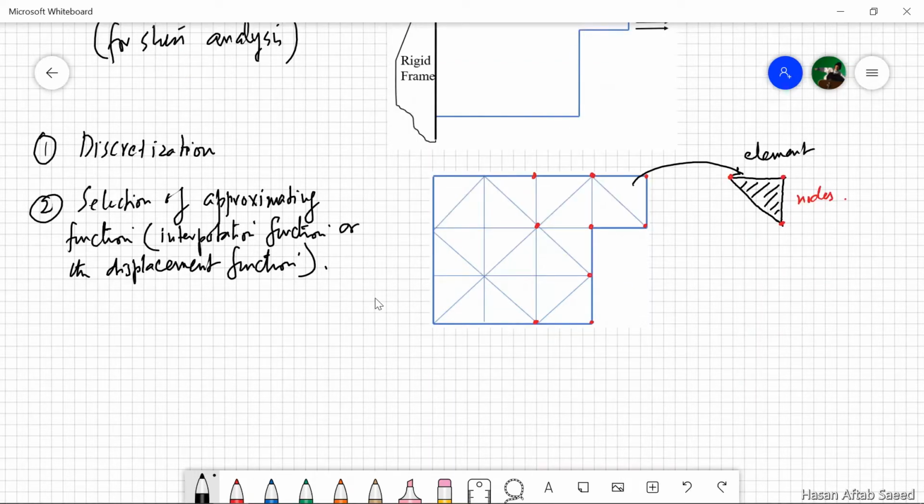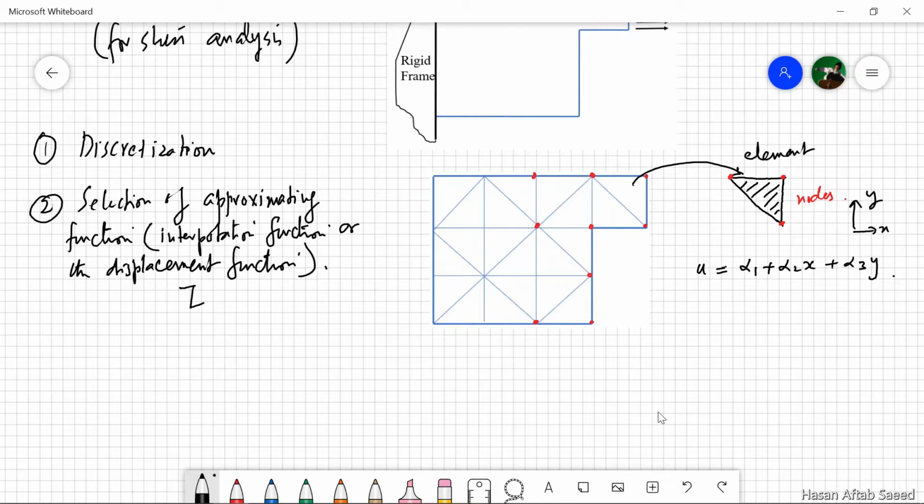Now, a simple expression for displacement could be something like this, a linear expression. If this is x coordinate and this is the y coordinate, as you move along this element in the x and y directions, your displacement value changes linearly. Now, this is one example.